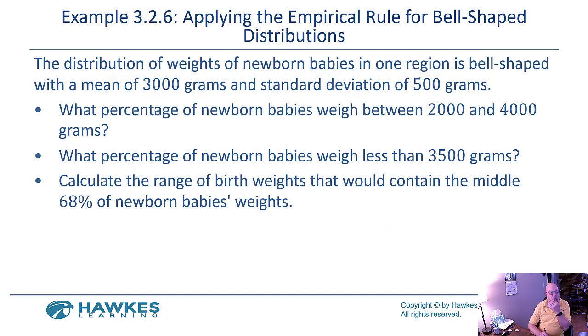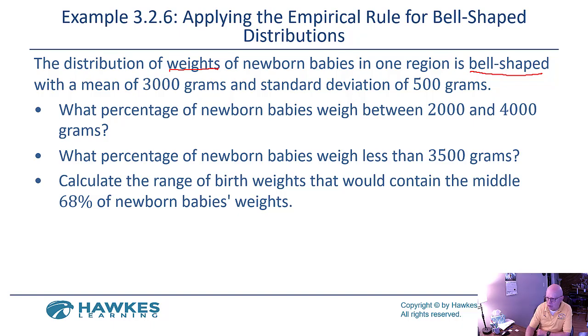So what can we do with the empirical rule? First of all, you notice we're talking about a distribution of weights. And notice it's bell-shaped. That means we can use the empirical rule.